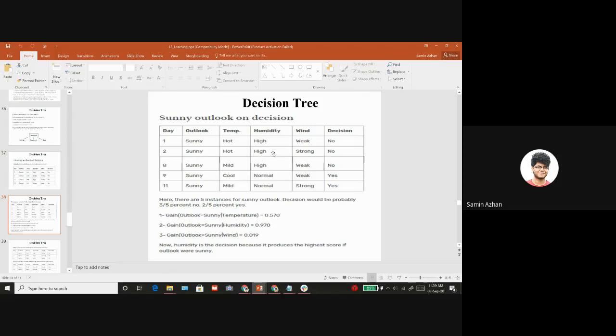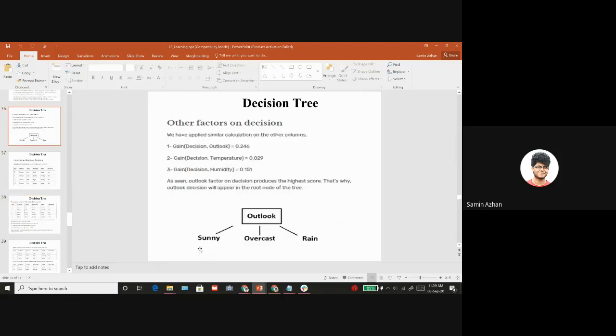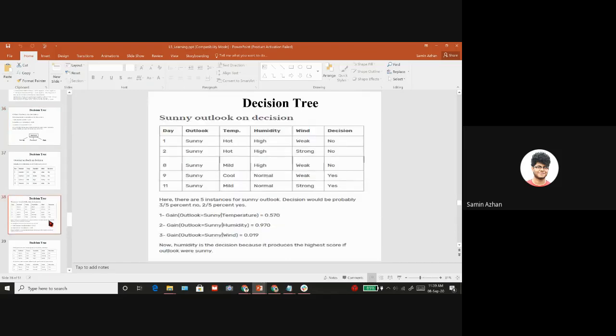That means this is our given table, and we have to calculate it for temperature, humidity, and wind, because these are the remaining attributes. So this time we have to assume that this is our entire table, because right now we are here. After outlook is equal to sunny, we have to find a decision or another node.